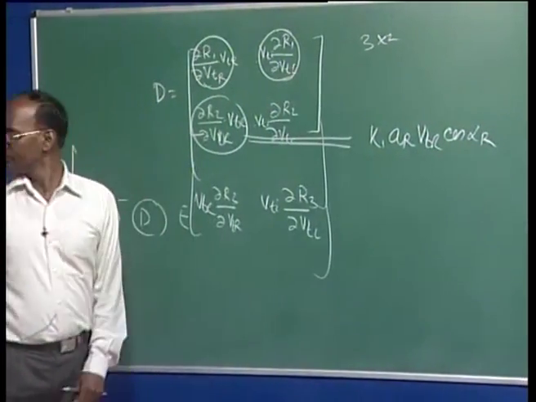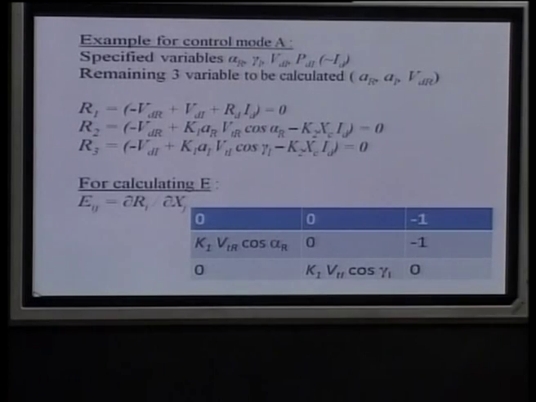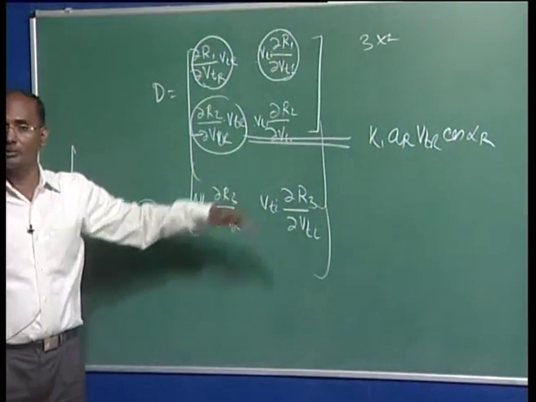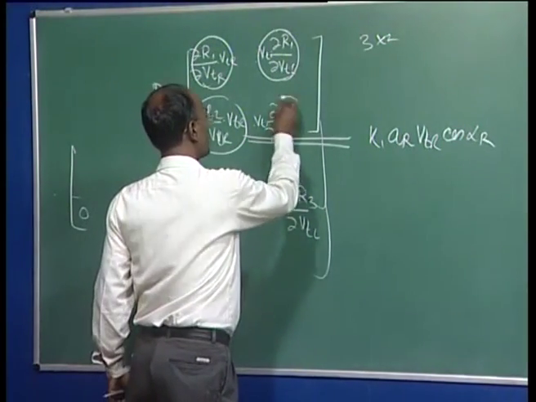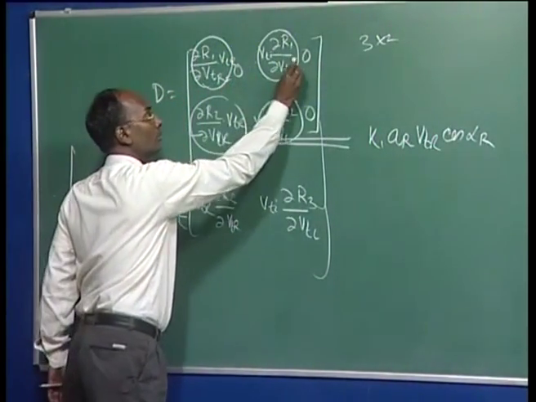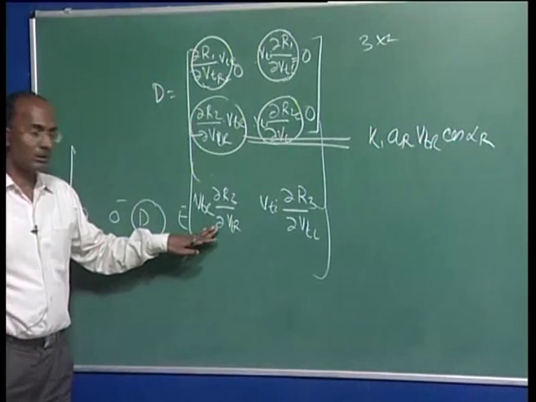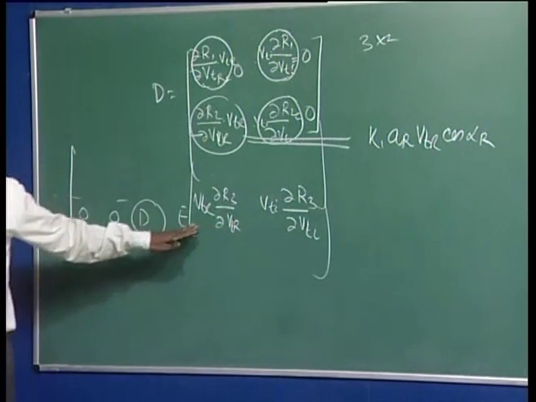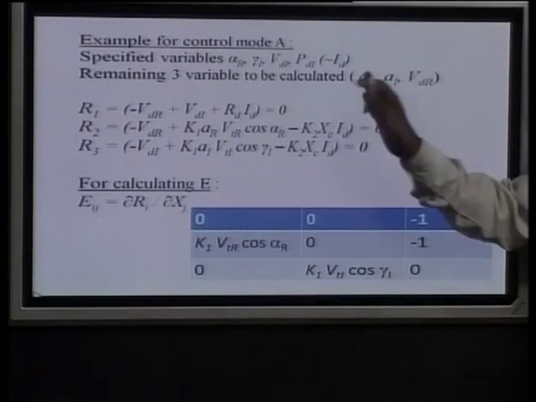So, this value we are going to have is K1 AR Vtr cos alpha r. So, this value will be this. Now, this will be with the Vti, it is not there, it will be 0. So, this is again 0, this is 0, this is 0. Now, this will be 0, because this equation here now with the Vtr it is 0.